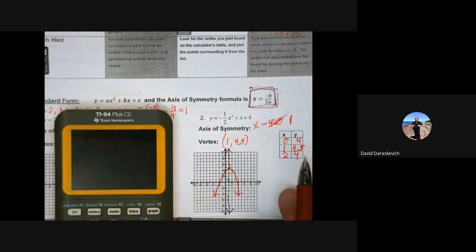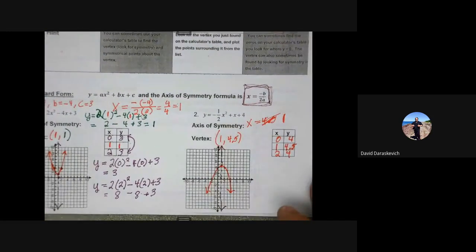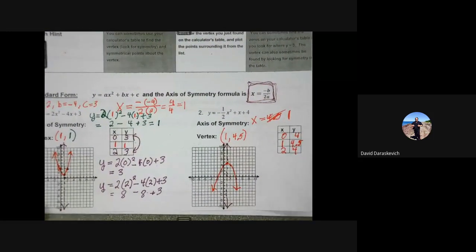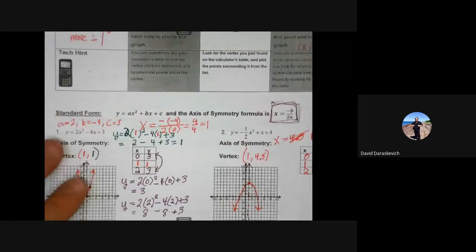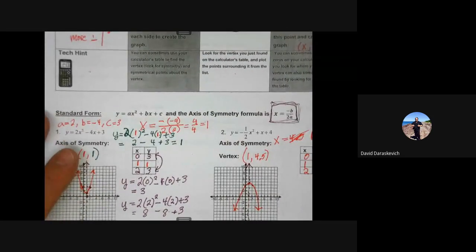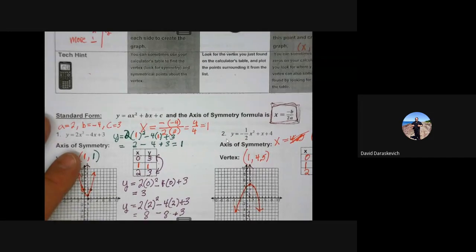But with our tests, the way that they are this year, you could probably get away without doing the algebra. You can do it off of the calculator. Any questions? So that's standard form. Yeah, this is a long section. Graphing stuff always is. All right, let's do the next one.